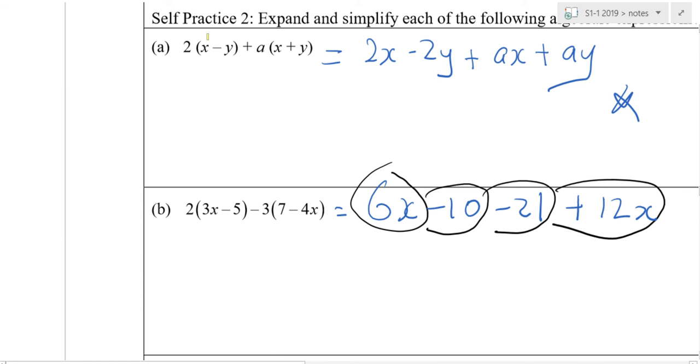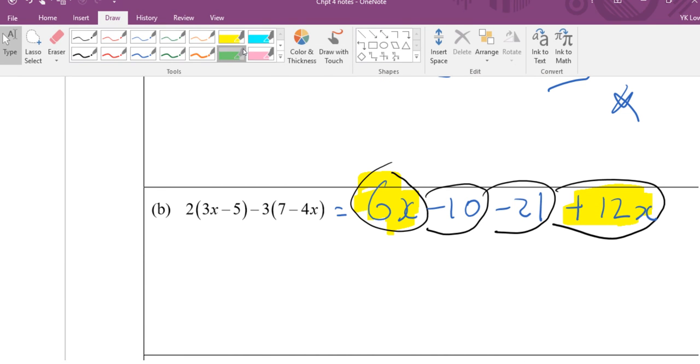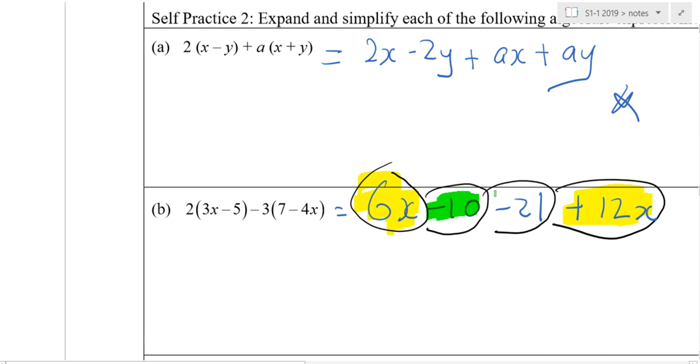So let's try 6x and who will combine? Plus 12x. Let's try again. Minus 10 will combine with minus 21, and this lucky student will answer. Those who are done, don't wait.